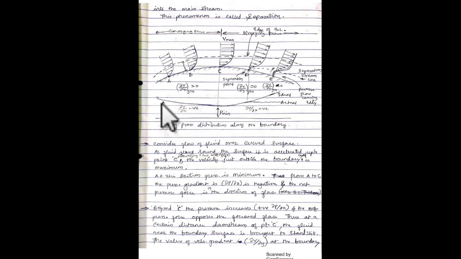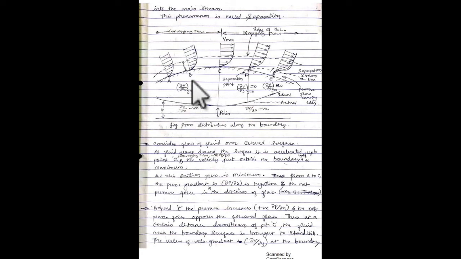We can see over here the pressure gradient, delta P upon delta X. This is the important parameter for boundary layer separation.